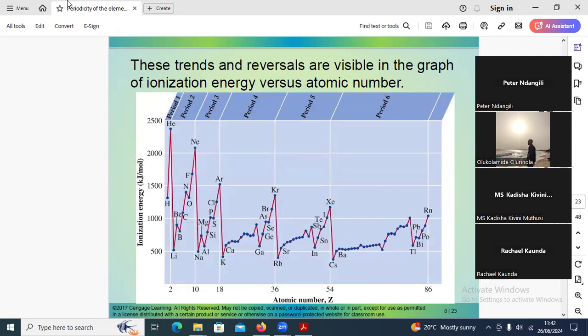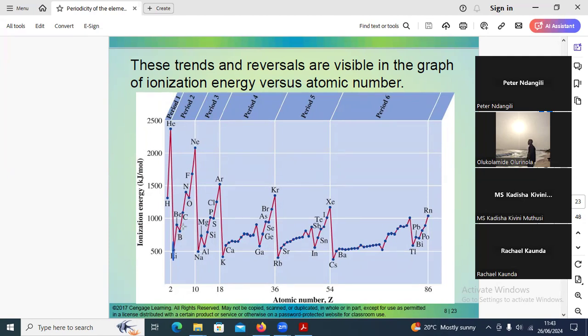If you look at the graph that I am showing you, you will realize that we are moving from hydrogen to helium, and you will see that the ionization energy here is increasing. When you are moving from lithium to neon, you'll realize something here, that as you move from beryllium to boron, and from nitrogen to oxygen, you are exhibiting some decrease.